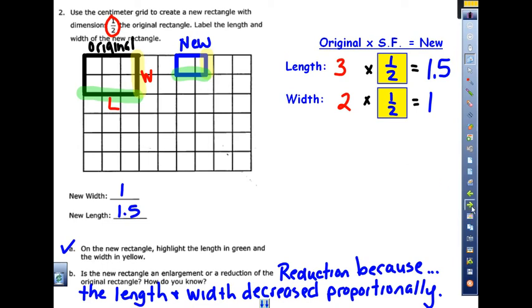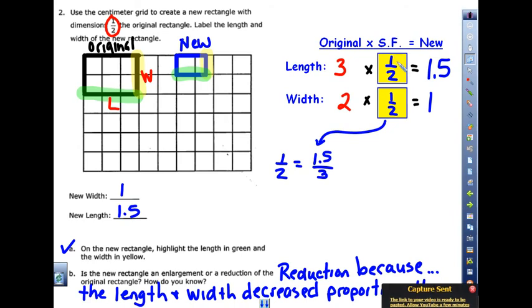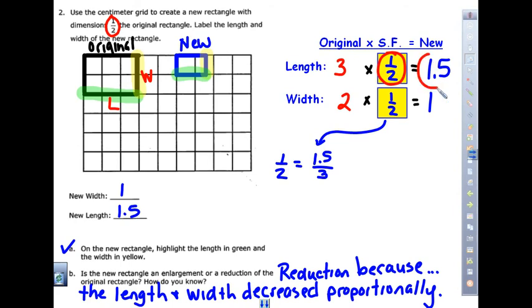Here's something else I want you to notice before we move on. Right here, see my scale factor of 1/2? If I take the new length and divide it by the original length, 1.5 over 3 is the same as 1/2, because 1.5 is 1/2 of 3.